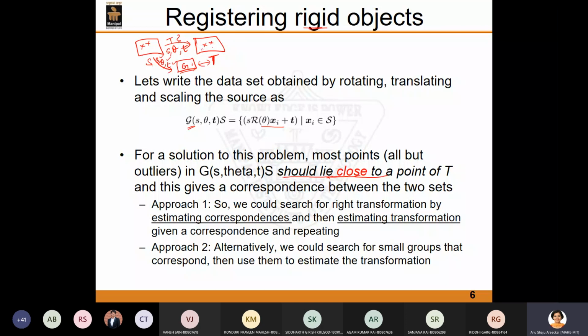In such a case, when it is not exactly the same, the least square sum that you get would not be equal to 0. It would just be a low value, as I said.